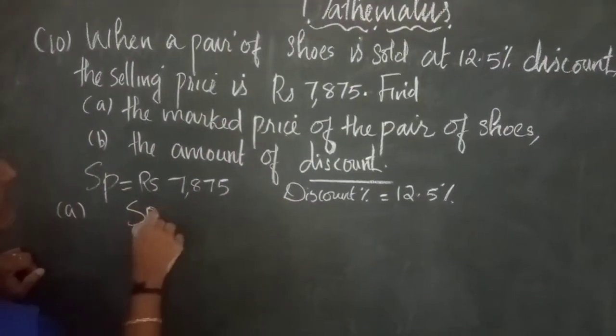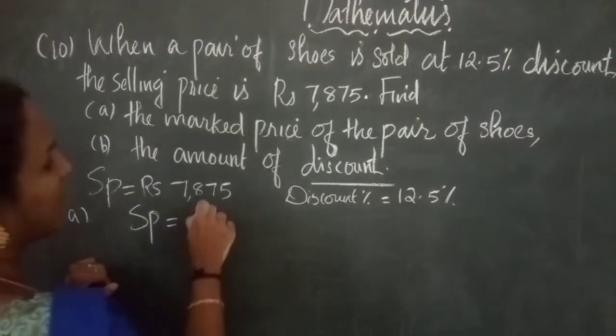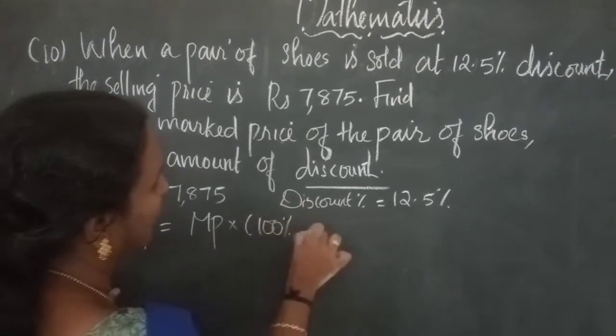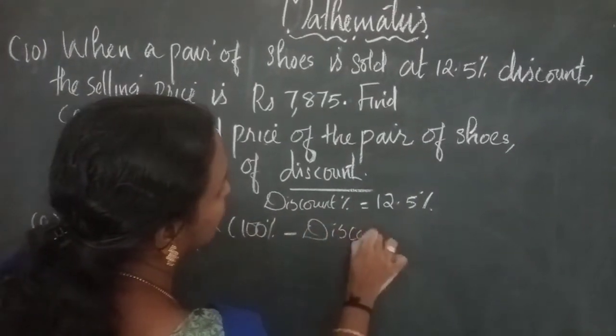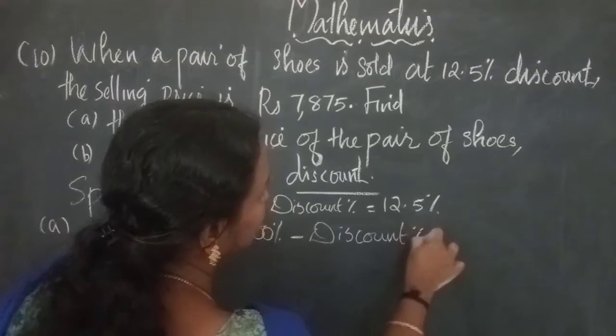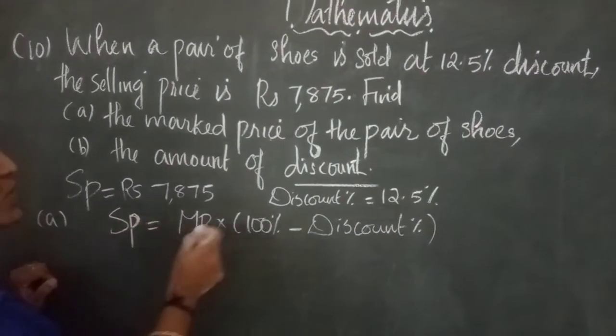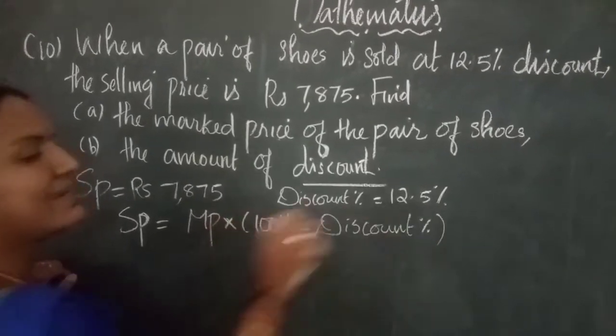So selling price is equal to market price into 100 percentage minus discount percentage. So the formula: SP, selling price, is equal to MP into 100 percentage minus discount percentage.